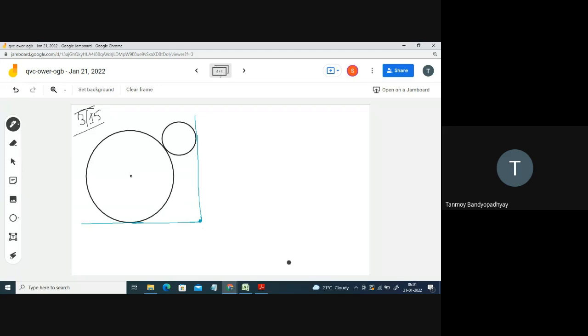So this is the point C. From this C, let me draw at a different color. So let me draw it with a different color. This is the point C. Let me draw it something like this. Okay, here there is a center, no, I made a mistake, I wrote this a bit wrong. Okay, pardon me, I am unable to draw this part.